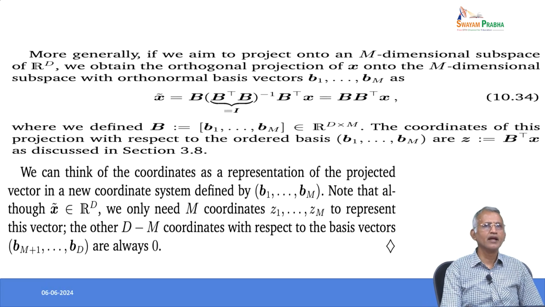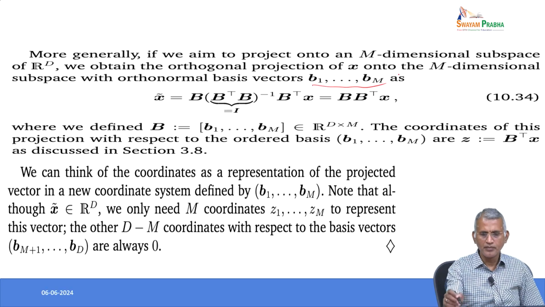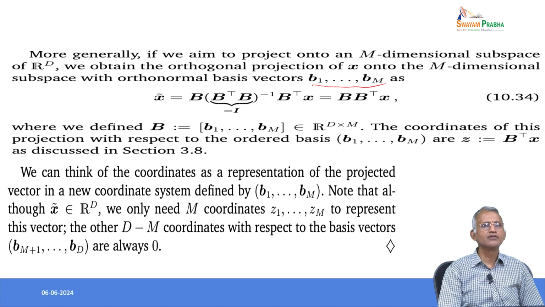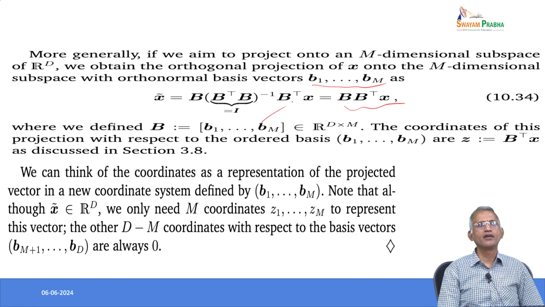More generally, if we aim to project onto an M dimensional subspace of R^d, we obtain the orthogonal projection of x onto the M dimensional subspace with orthonormal basis vectors b1 to bm as x bar equal to B (B transpose B) whole inverse B transpose x, equal to B B transpose x. So, we define B equal to [b1, ..., bm], which belongs to R^(d×M). The coordinates of this projection with respect to the ordered basis b1 to bm are z equal to B transpose x.